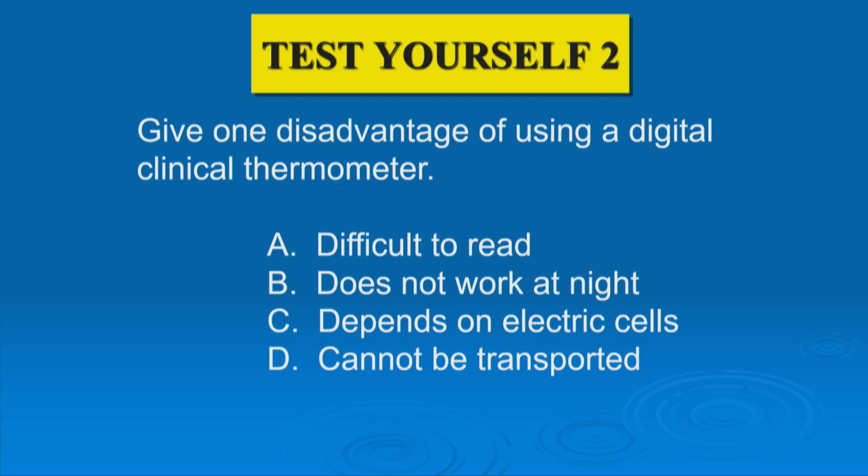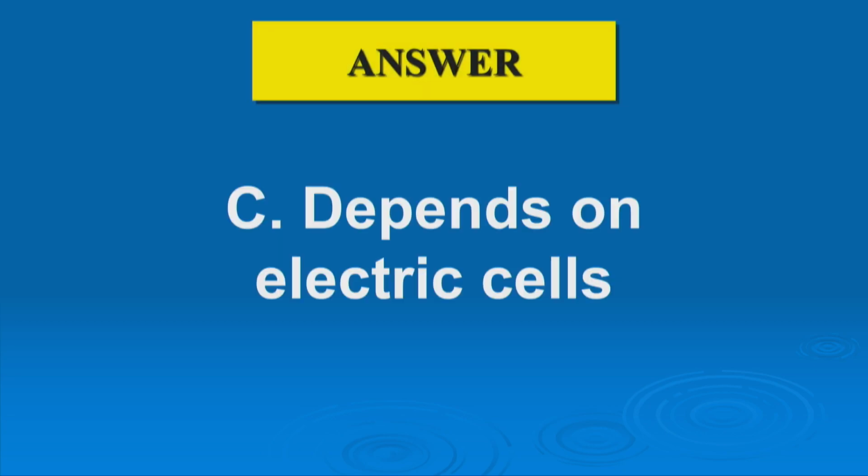C. It depends on electric cells. Or D. It cannot be transported. Yes, answer is C. The disadvantage of a digital clinical thermometer is that it depends on electric cells.